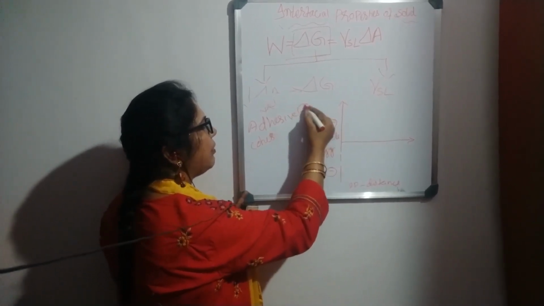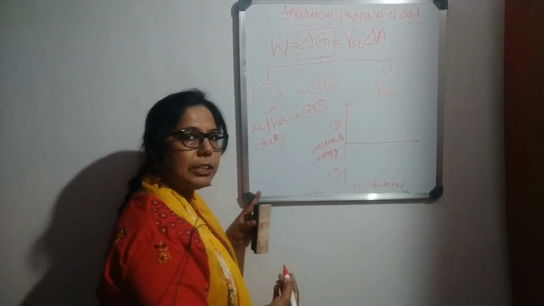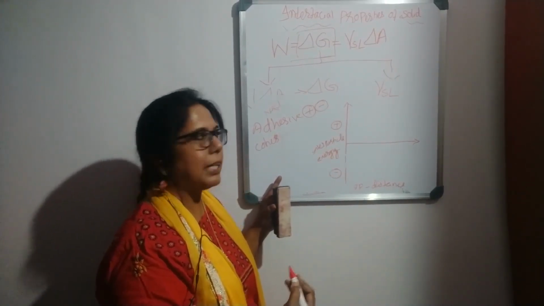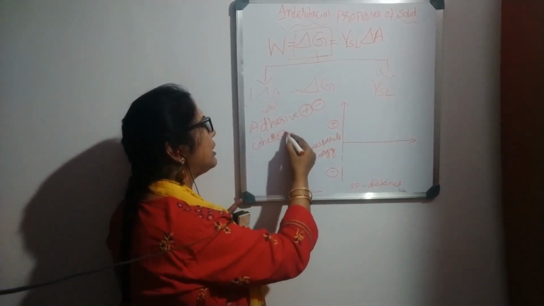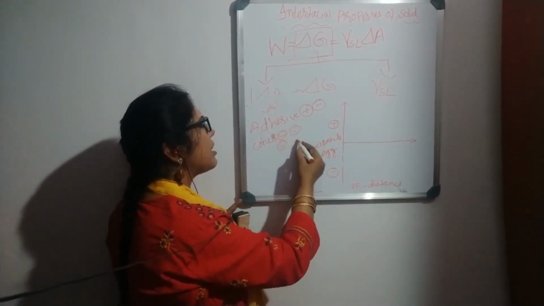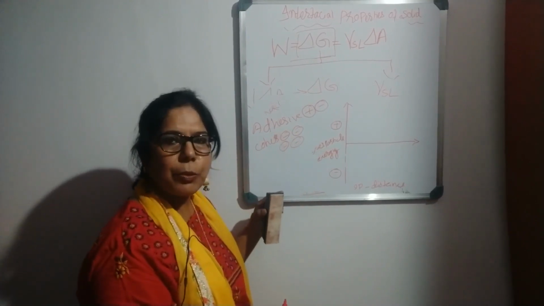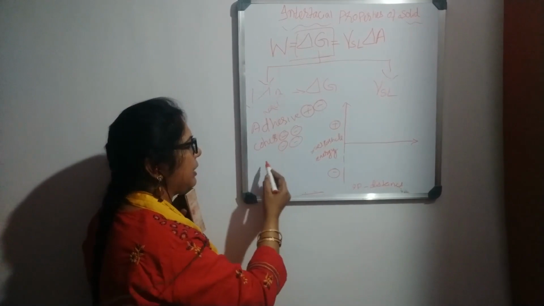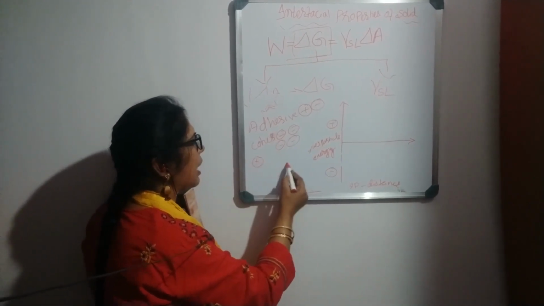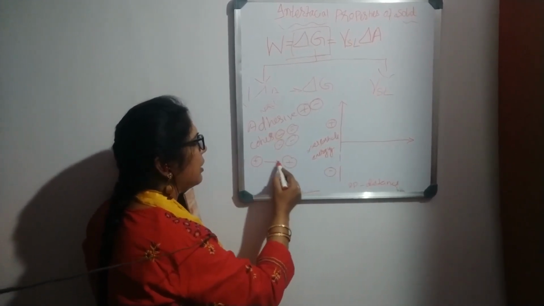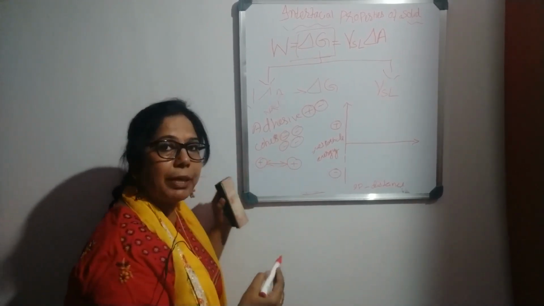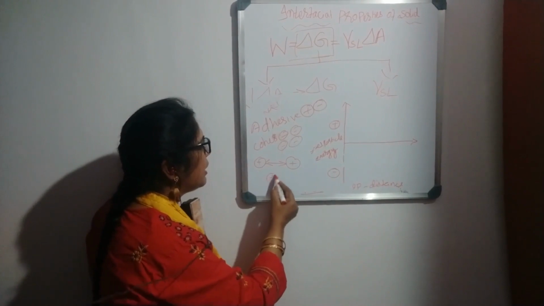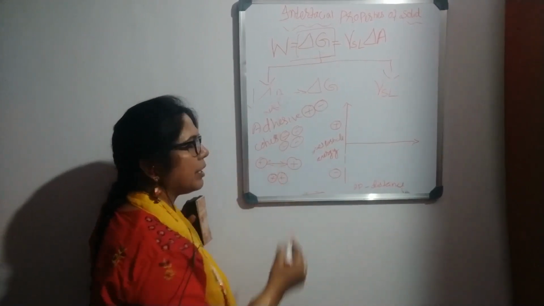Adhesive force is between the dissimilar charges of the particles, whereas cohesive force is between the similar charges. What will happen if the particles are separated by too far a distance, or if the particles come close together?